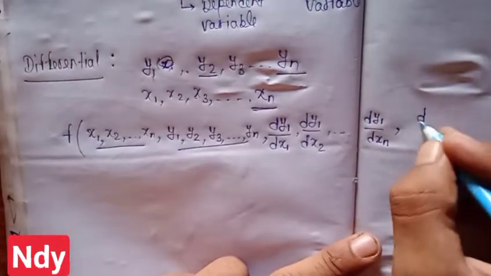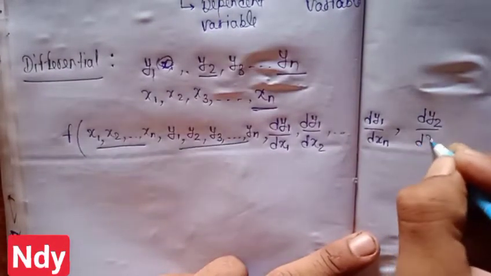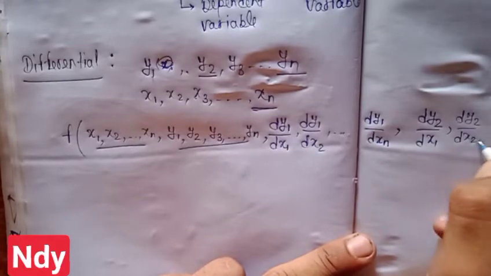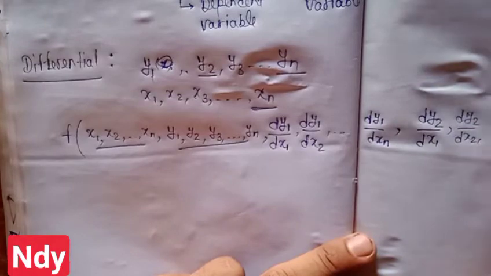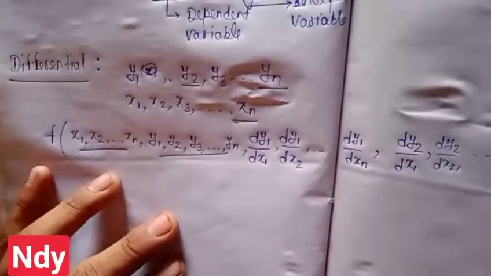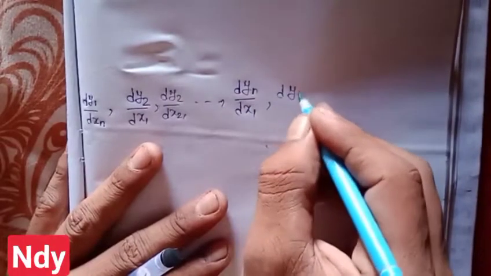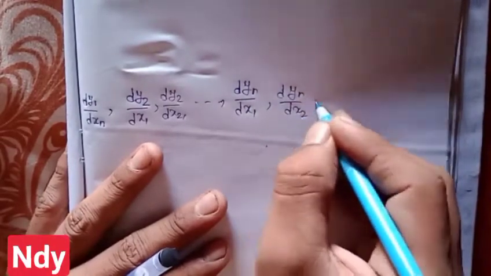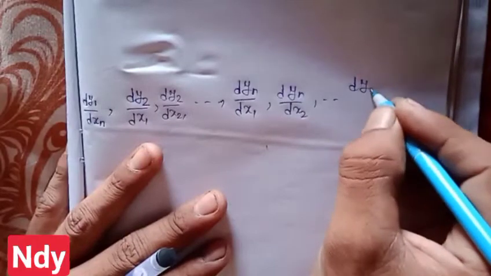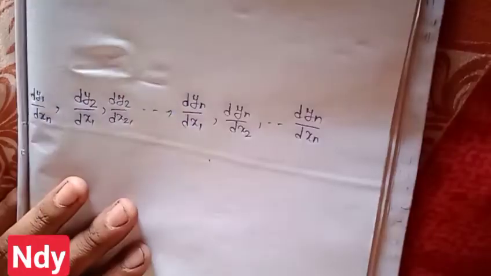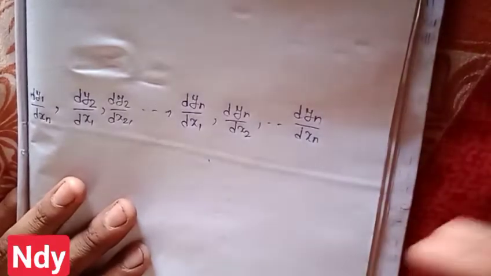So this will be dy2 upon dx1 and dy2 upon dx2, and so on. Similarly for dyn upon dx1, dyn upon dx2, so on, dyn upon dxn, and also any power of this derivative.